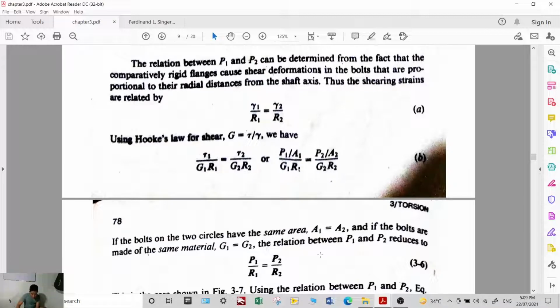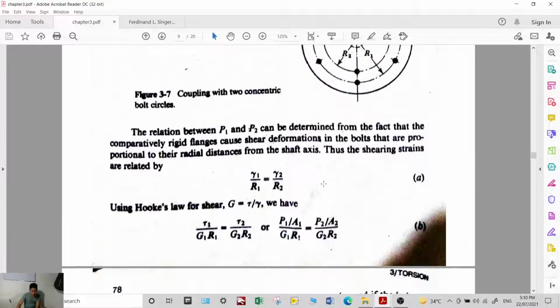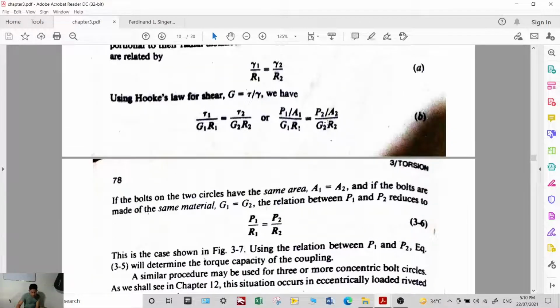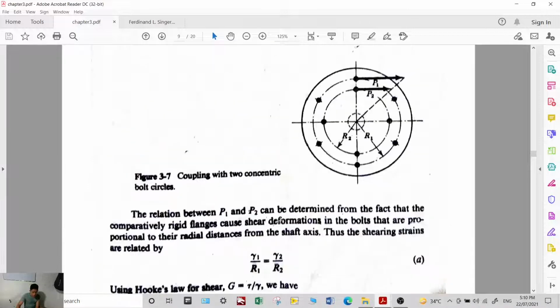Cancel ang G1 and G2. And then, if the bolts on the two circles have the same area, siyempre, kung pareha ng sizes ni mong bolts, cancel po ang area nimo. So, kanina lang ang mabilin. The relation between P1 and P2 is expressed using this equation.